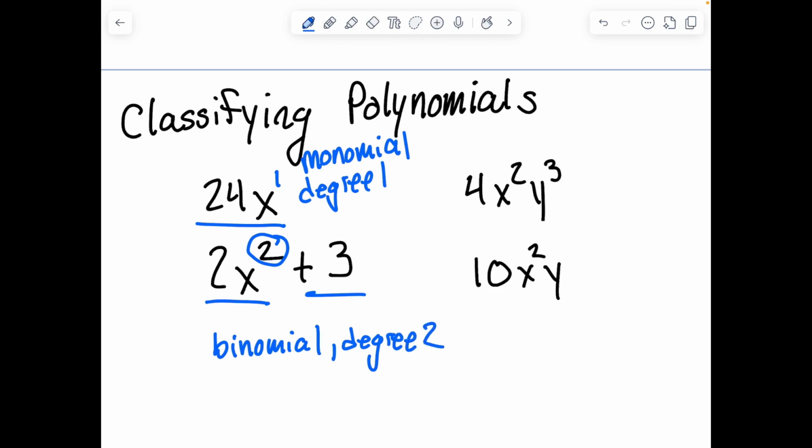When I look at something like this one up here, this 4x squared y cubed, it's a monomial. There's one full term. However, looking at the exponents, I've got 2 and 3. The degree is going to add those two together, so it has a degree of 5.